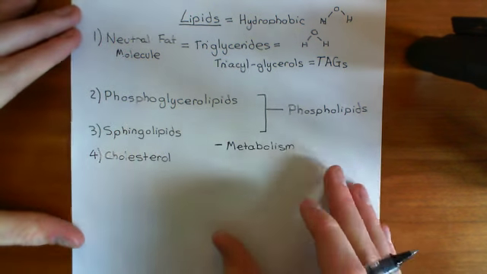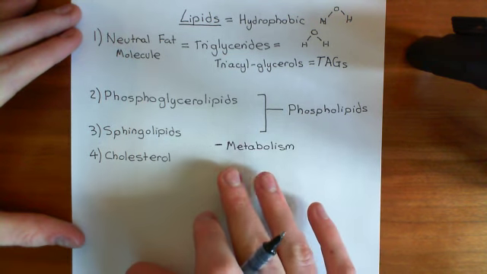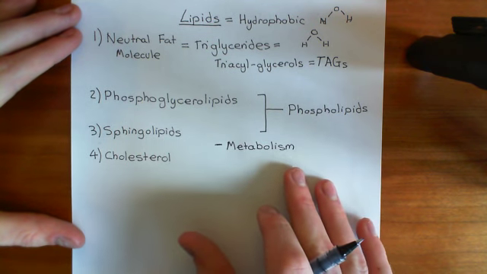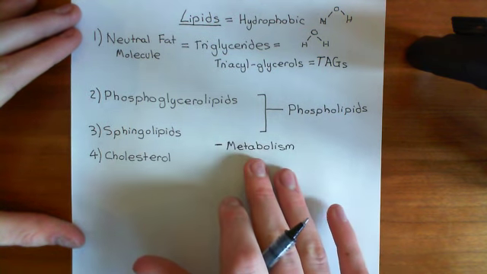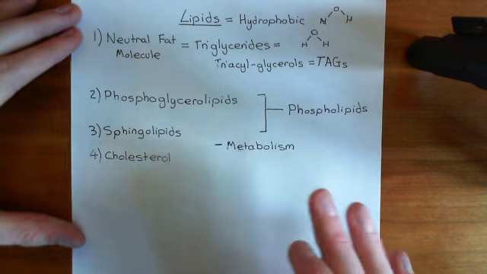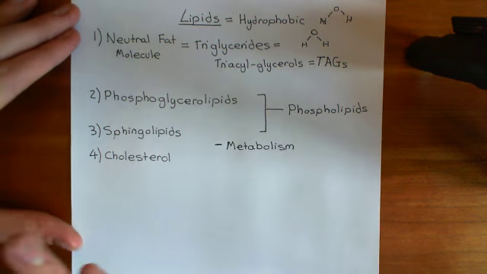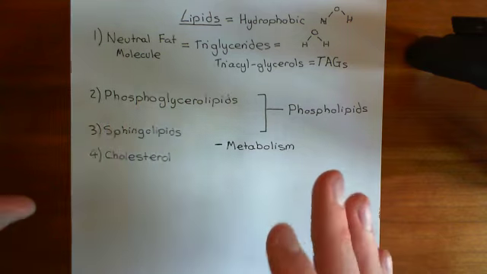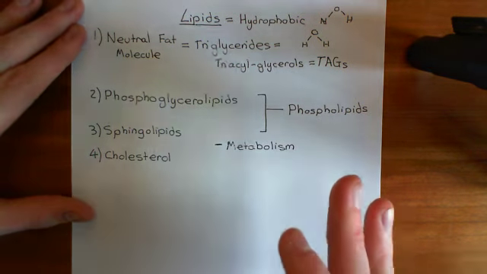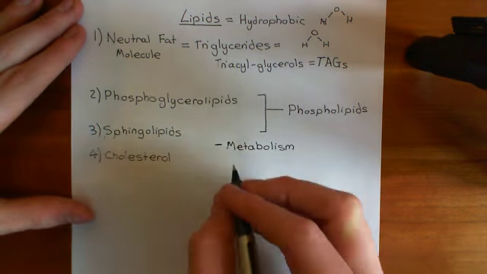And for that purpose, lipids actually sit alongside carbohydrates. A lot of your metabolism is lipids, just as a lot of your metabolism is glucose. It's around 50-50, so lipids are very, very important for metabolism.